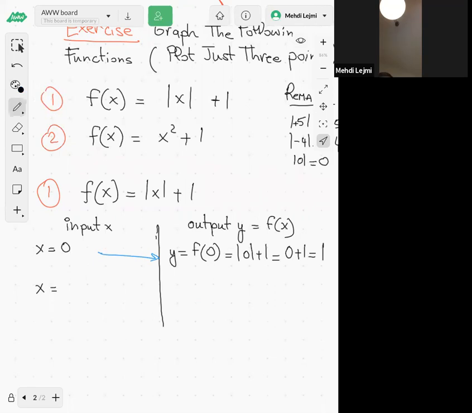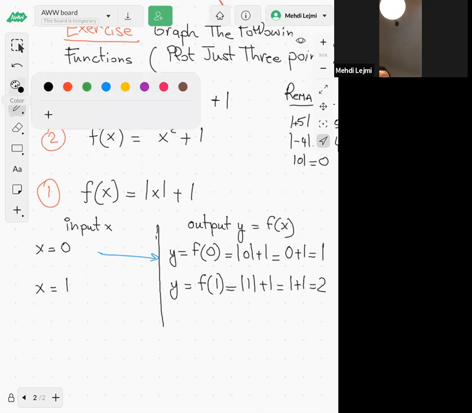Let's take, for example, x positive 1. Then the output y would be f of 1, which is absolute value of positive 1 plus 1. If you have a positive number, then the absolute value is just the same number. So that's 1 plus 1, which is 2. So if my input x is positive 1, then my output y is positive 2.